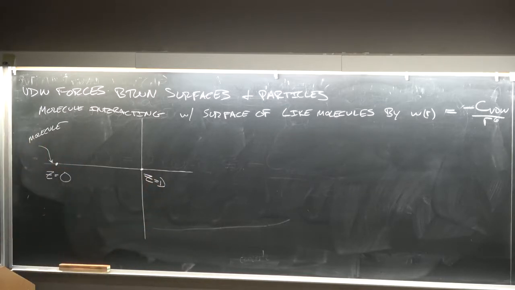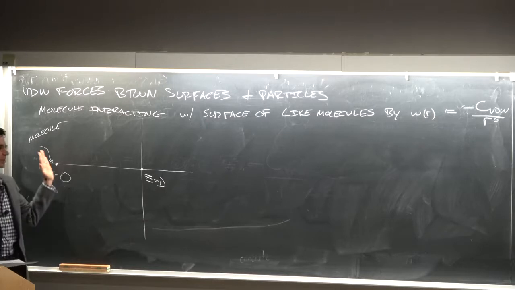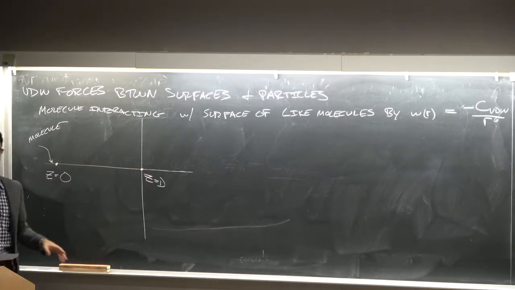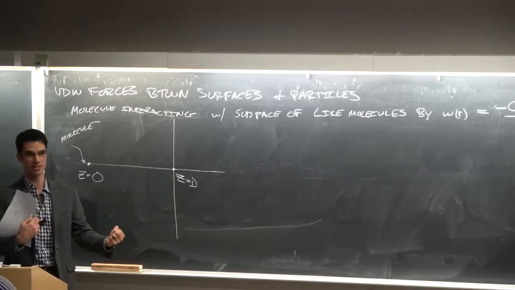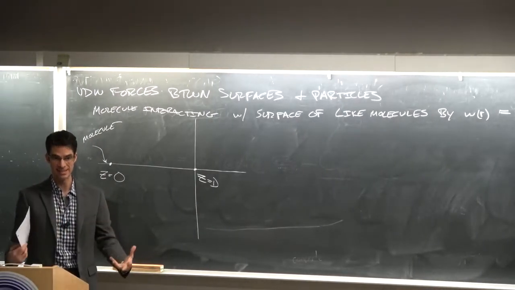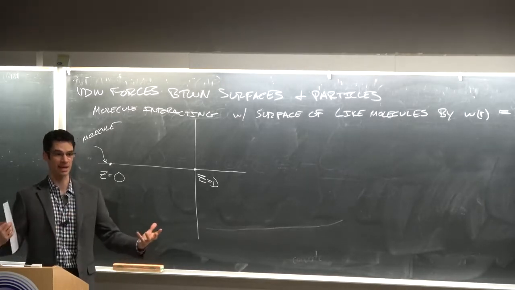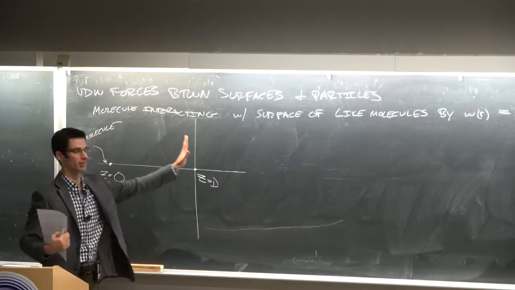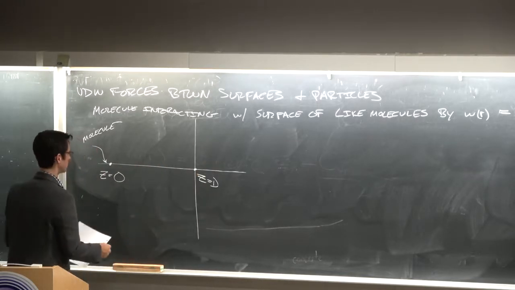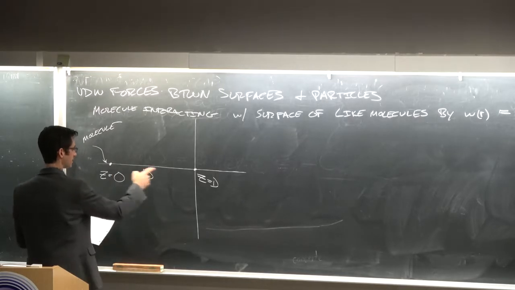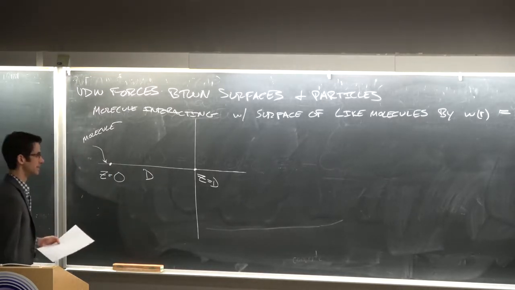And we'll call the distance between the molecule and the surface D, capital D, instead of R. So R refers to molecule-molecule interactions, and we're going to use D for the distance between macroscopic objects. In this case, it's a molecule and some macroscopic object. So the absolute distance of this line segment is D.